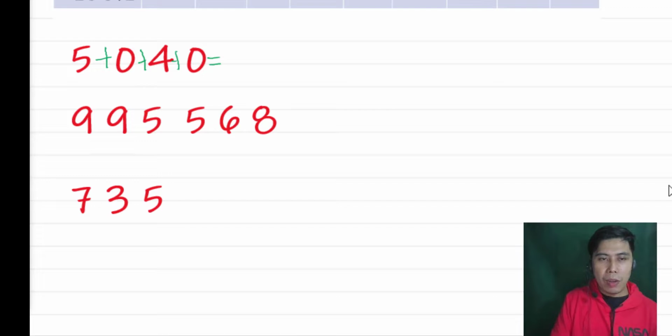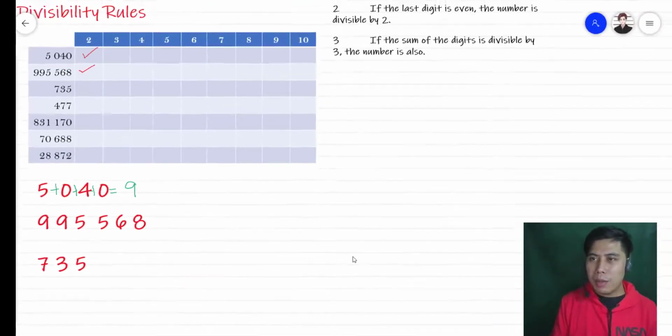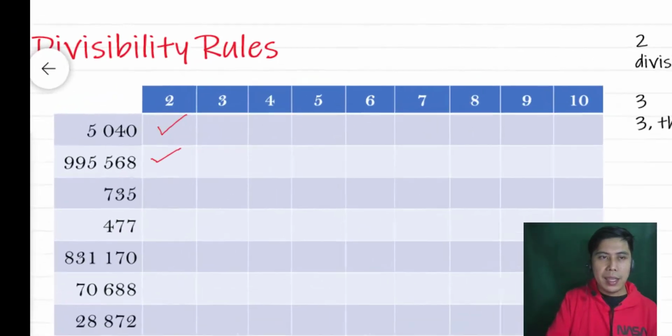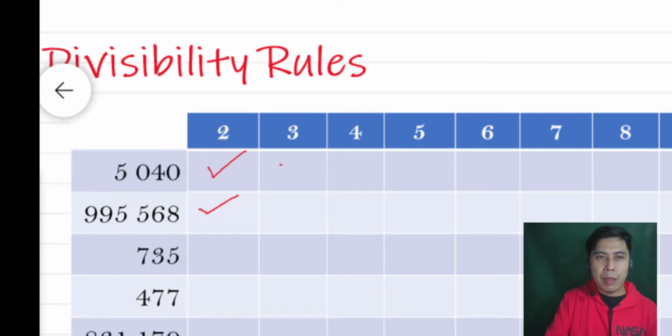Now, if we add all these digits, then we can get the sum of 9. And 9 is divisible by 3 since 9 is actually a multiple of 3. So if we can get a sum that is a multiple of 3 or can be divided by 3, then we can say that a number is divisible by 3.